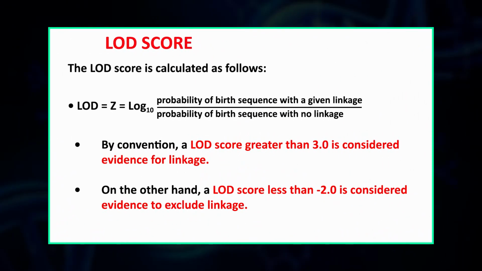LOD scores greater than 3 are considered to indicate regions that merit further investigation, that meet genome-wide significance. Additional polymorphic markers within these regions are then tested for linkage using multipoint linkage analysis.